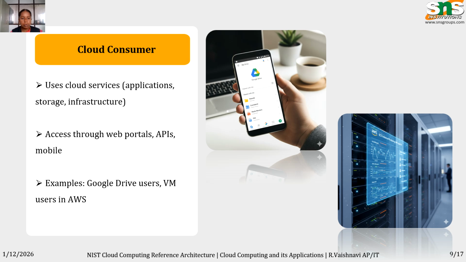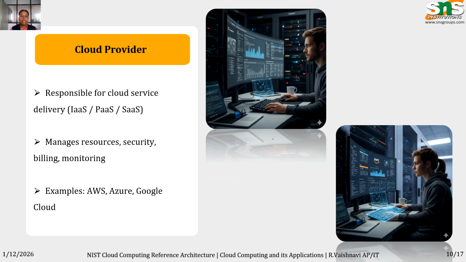First one, cloud consumer. Here we use cloud services, that is application, storage, and then infrastructure, and it will be accessed through the web portals, application program interfaces, and then mobile. The real-time example will be the Google Drive users and virtual machine users in the AWS. Second one will be the cloud provider. It is responsible for the cloud service delivery.